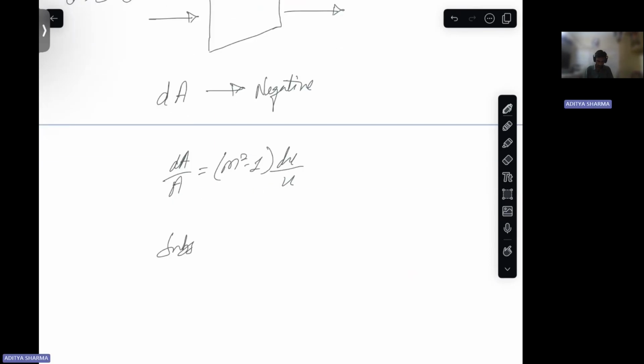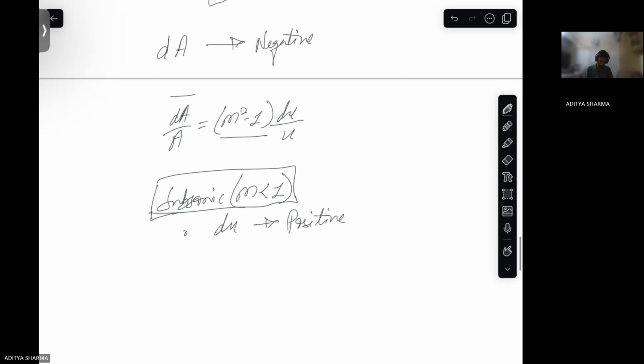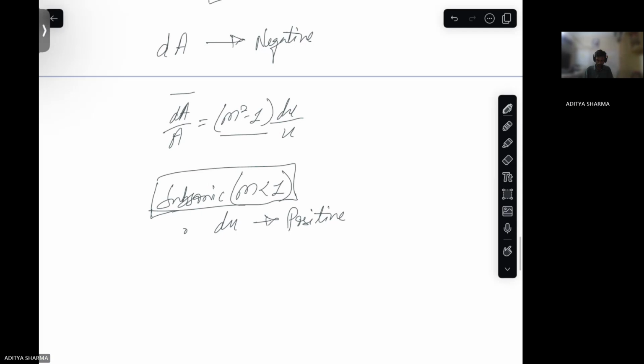For subsonic case, what will happen? This will be negative, this is again negative. So du will be positive, which means accelerating, which means it is acting as a nozzle.